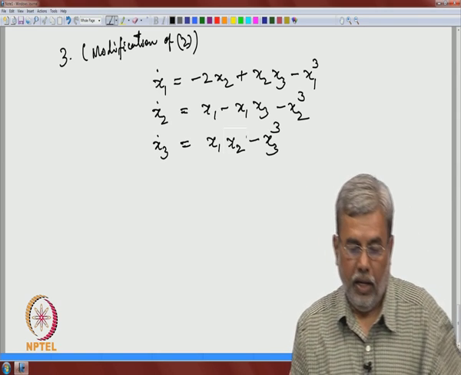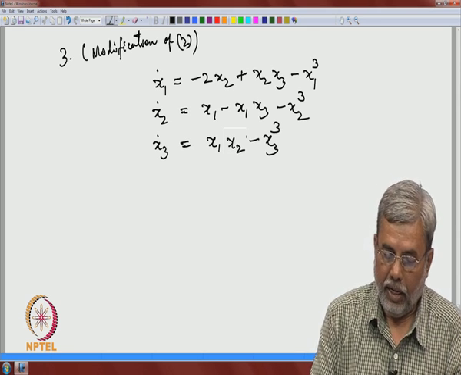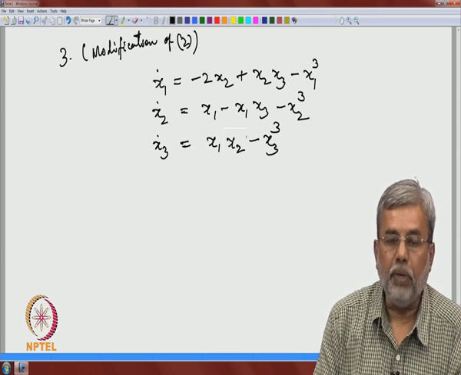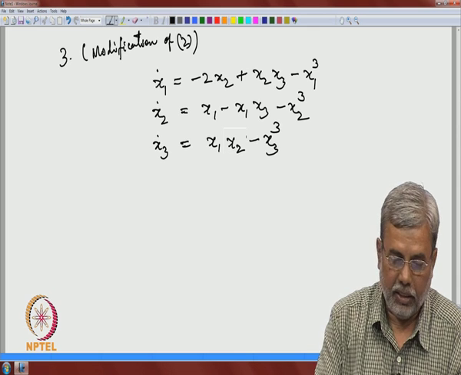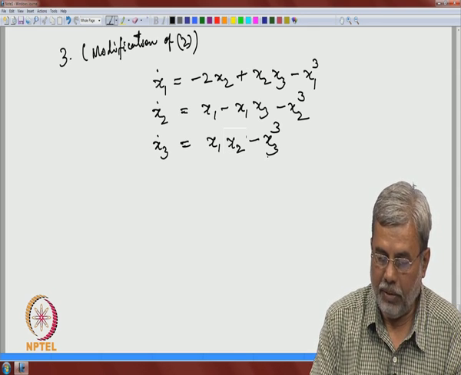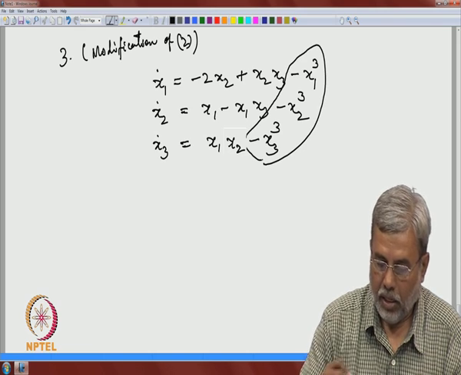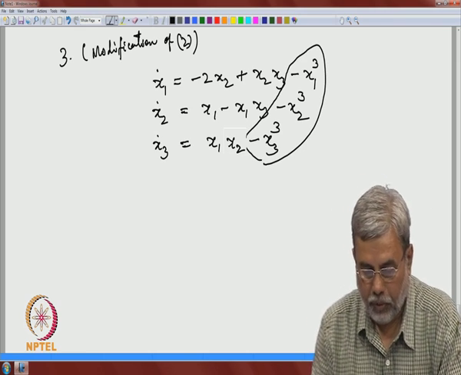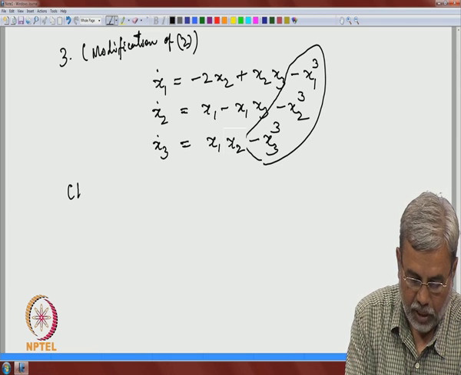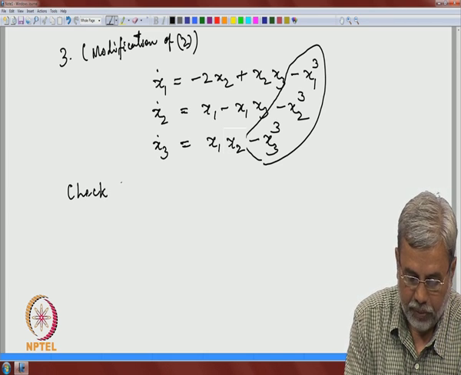Okay. So, you see that the difference between the previous example and this example is that the system is perturbed by these nonlinear terms.